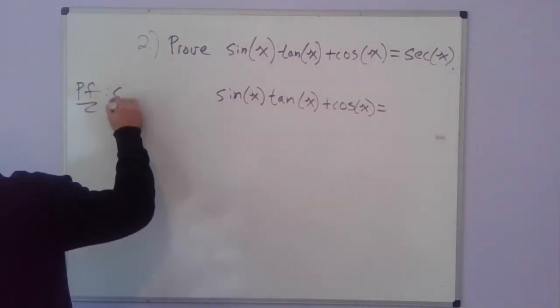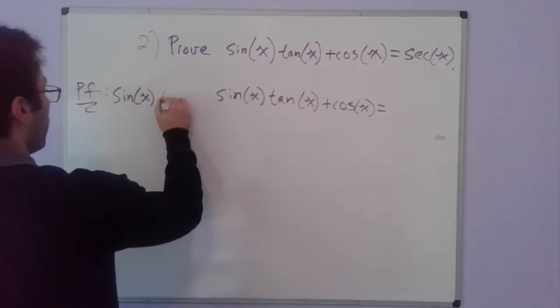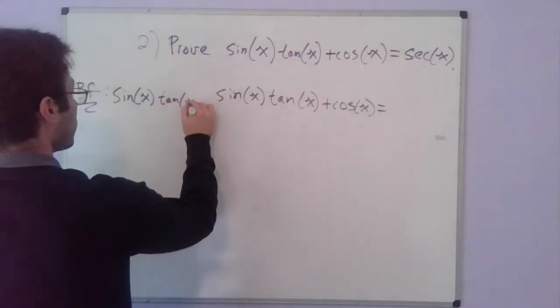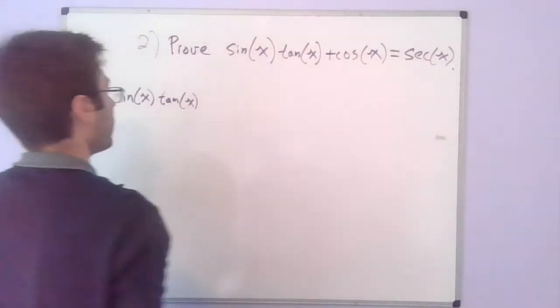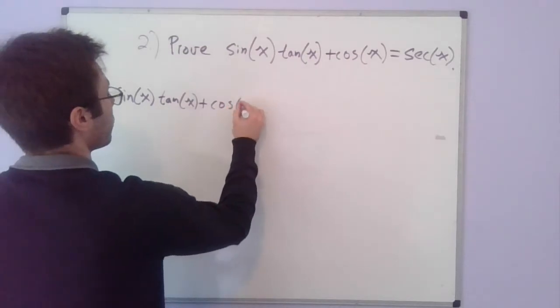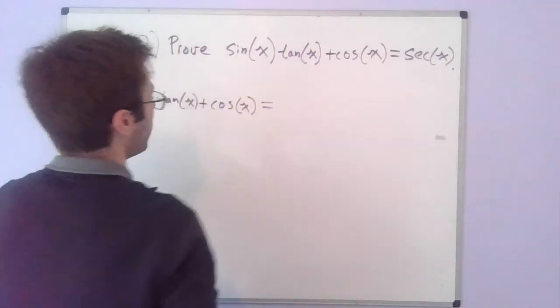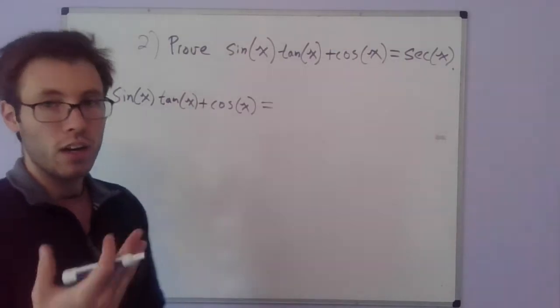So I'm going to write it over here so that I have a little bit more room. Sine of x, tan x. I start off by writing my left-hand side of the equation plus cosine x. I put a little equal symbol. What's my first step? I write everything in terms of sine and cosine.